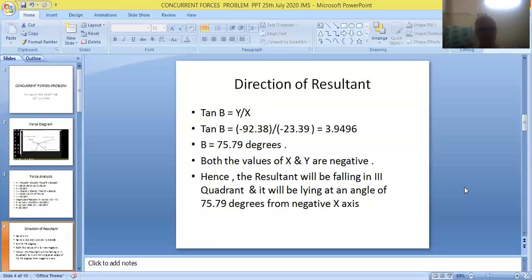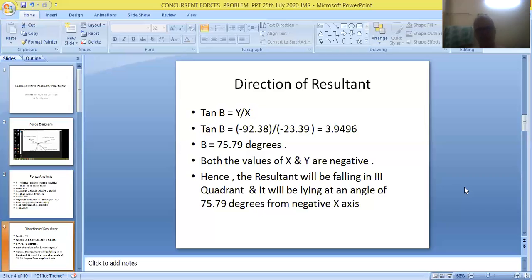So friends, these are the questions to be answered. Number one, the magnitude of the resultant, capital R. Secondly, we have to find out the direction of the resultant, theta for indicating the direction. And obviously, we also have to indicate the location of the resultant. These are the questions to be answered in the examination.